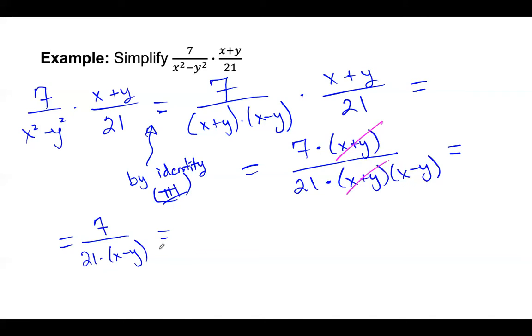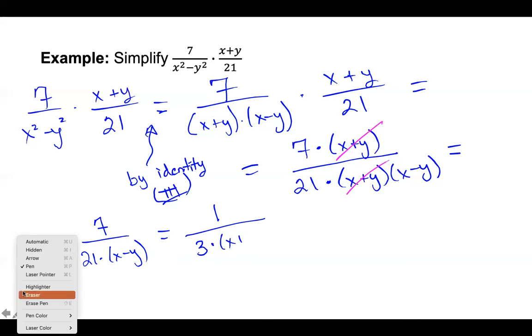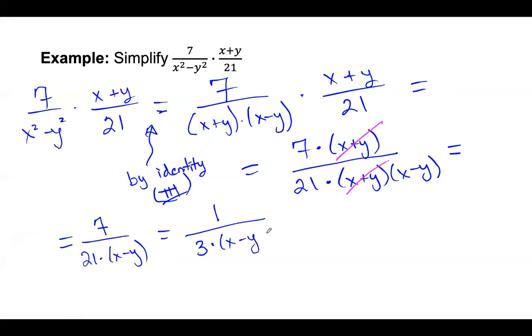Now we can reduce it further because we can apply the cancellation property, because 7 goes into 21 3 times. So there will be a 3 here. But what's left over is 7 goes into 7 1 time. And then we have x minus y. Would be our final answer.